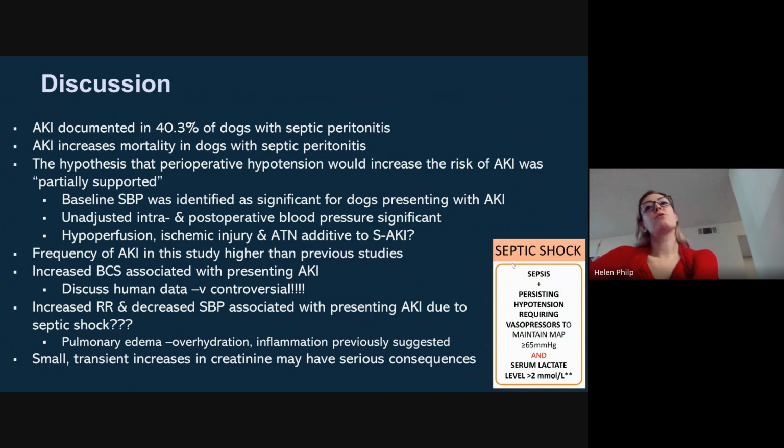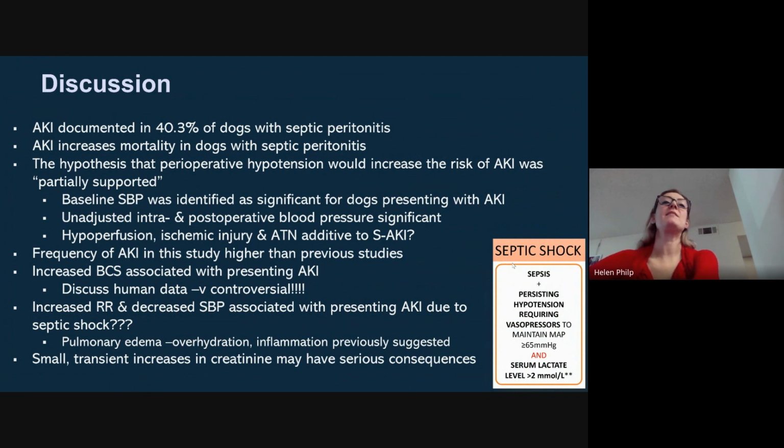They then go on to talk about these findings that they had of hypotension, the unadjusted p-values being significant. So intra and post-operative blood pressure was significantly different in the dogs with AKI pre-adjustment, but then post-adjustment lost significance.